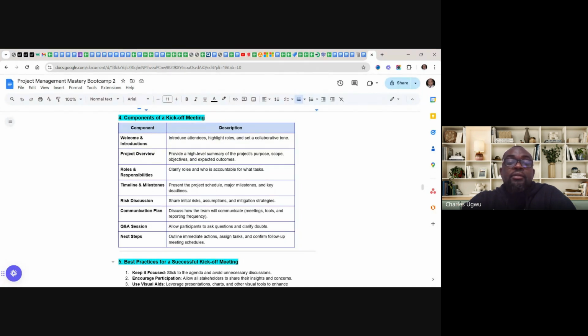Communication plan: discuss how the team will communicate, meetings, tools, reporting, and frequency. Even if you've not done stakeholder analysis, at least have a basic communication plan, so that people will understand what you are using. For instance, tell them that you are using Freedcamp, this is the major way we'll be working.